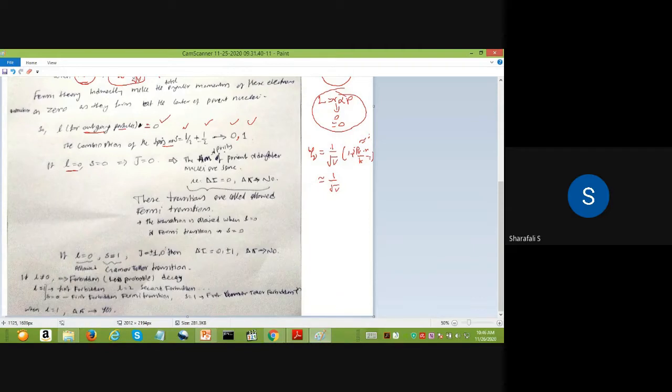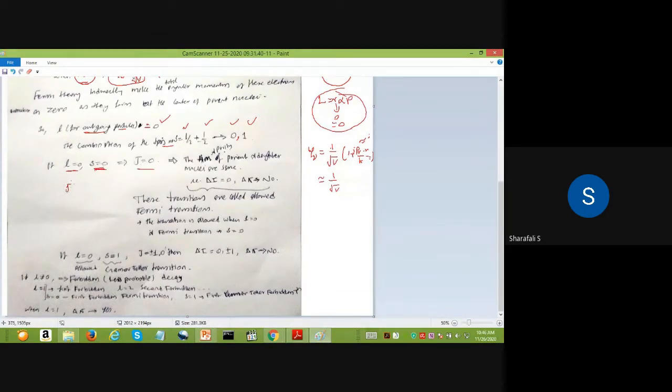Okay. Now, the L value equal to 0 we already took, accidentally or indirectly, in our theoretical derivation, because we assumed the extra terms are 0 and psi e is 1 by root v. That accidentally gives L equal to 0. Then S is also 0, that is the first value of S, and that will give you J equal to 0.